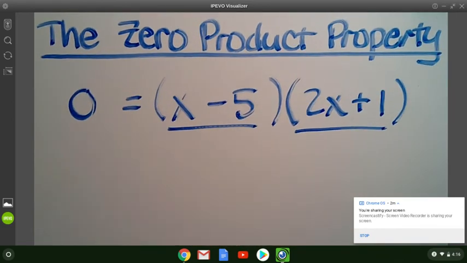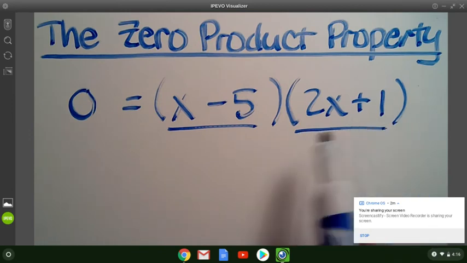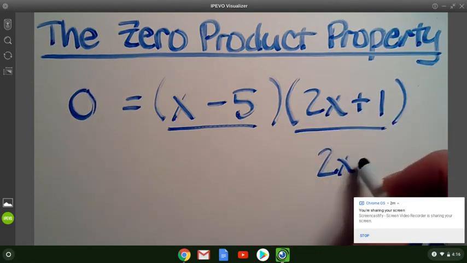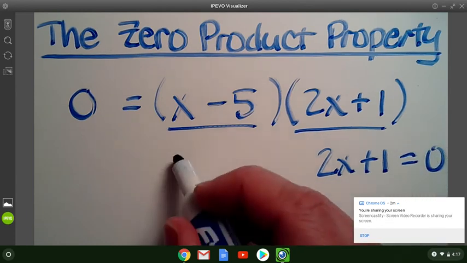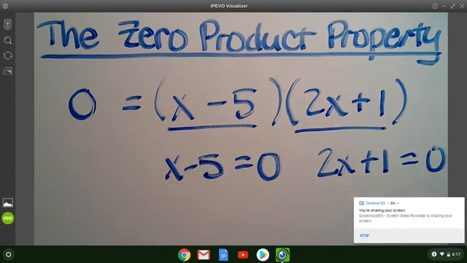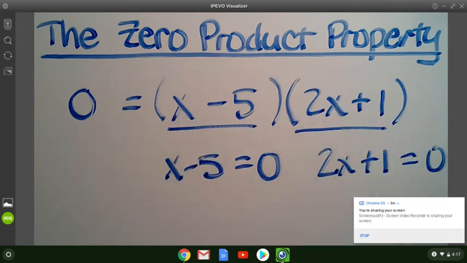We'll look at something similar in just a minute. If this parentheses times this parentheses equals 0, then either this parentheses equals 0 or this parentheses equals 0. One of the two must equal 0. Either one, it doesn't matter. So we're looking at some possible solutions, values for x that will make the equation true. Those are solutions of the equation.